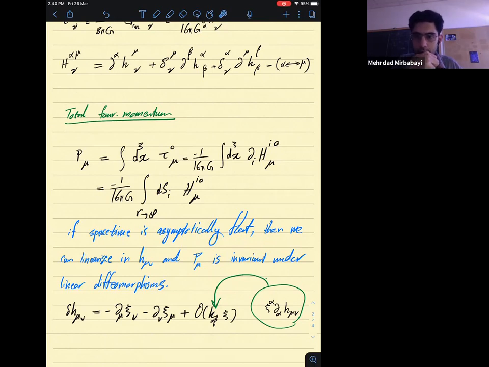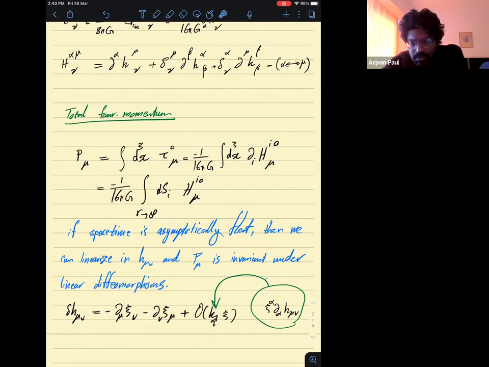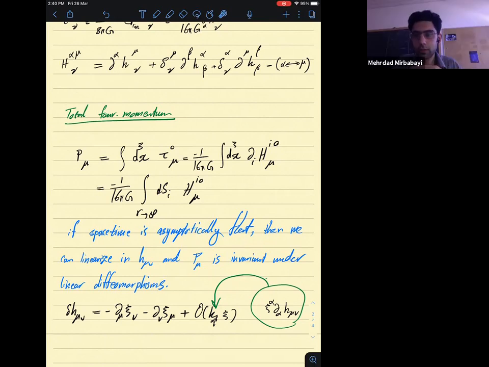So we are associating a total energy momentum vector to the whole space-time. This breaks Lorentz symmetry. You have a preferred frame, which is the rest frame of the whole space-time. And in that rest frame, the momentum will be zero, and the energy is called the ADM mass of the space-time.